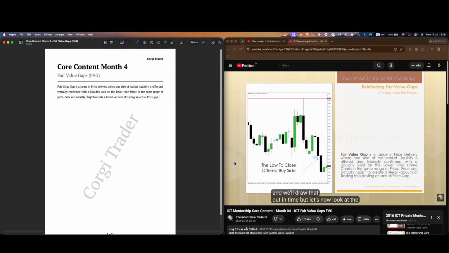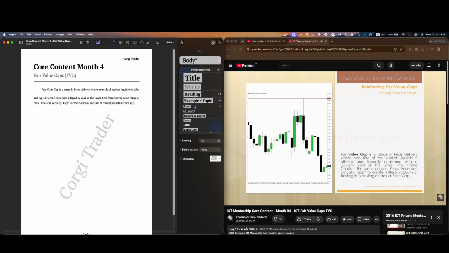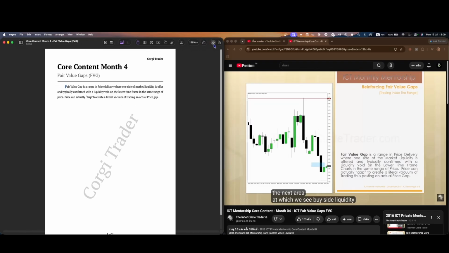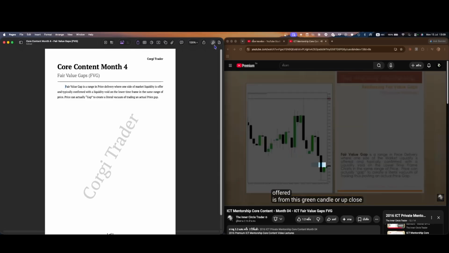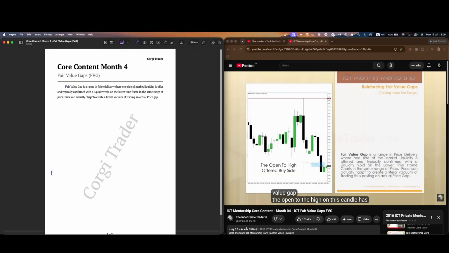But let's now look at the other candle that frames our fair value gap. The next area at which we see buy side liquidity offered is from this green candle or up close candle to the right of our down candle that makes the fair value gap. The open to the high on this candle has offered buy side liquidity as well.